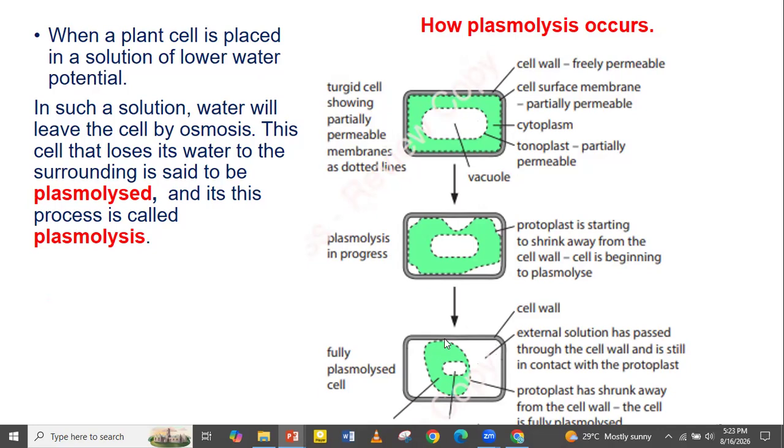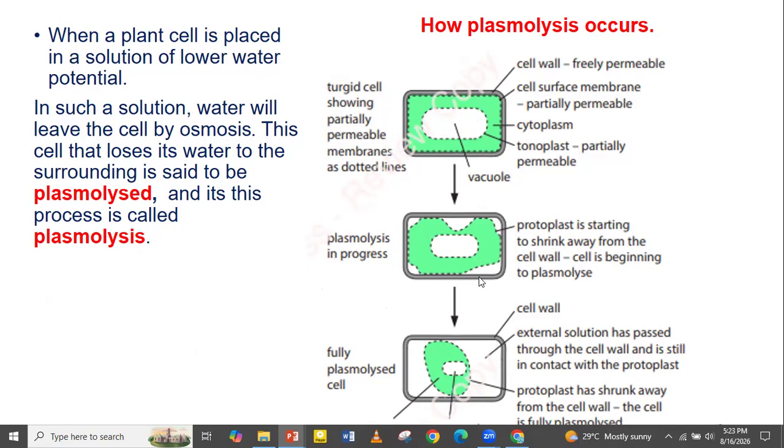And here the cell is fully plasmolyzed. Fully plasmolyzed means that we can see the cell surface membrane has totally detached from the cell wall. The vacuole is so small. This cell is going to have a very low turgor pressure, and we have space within this cell.